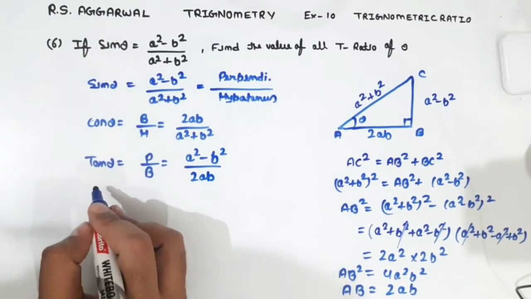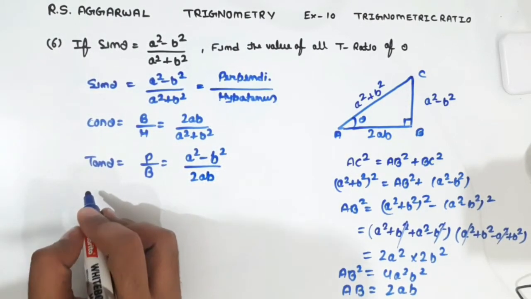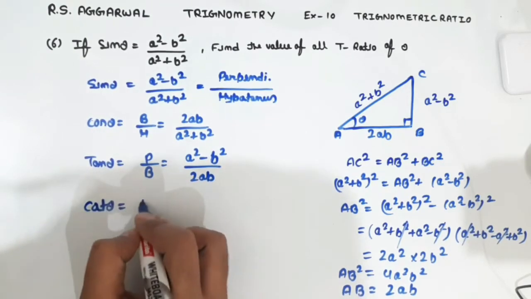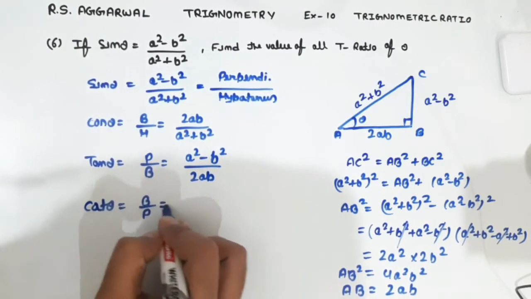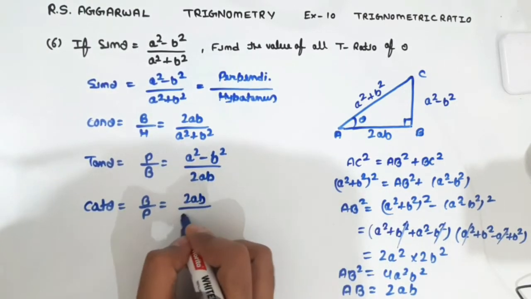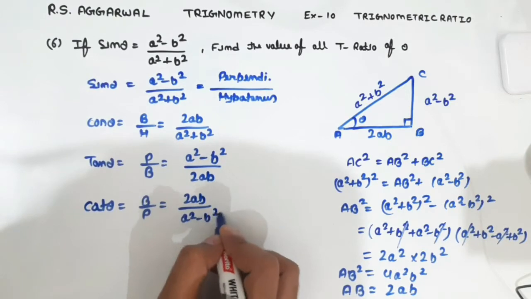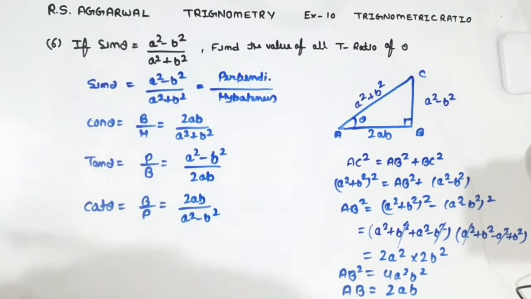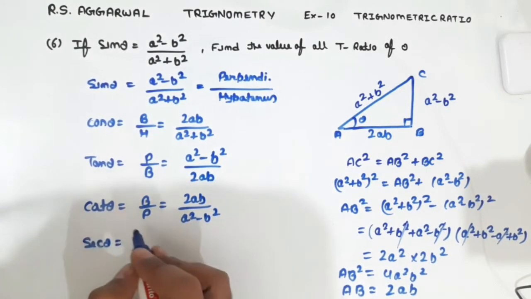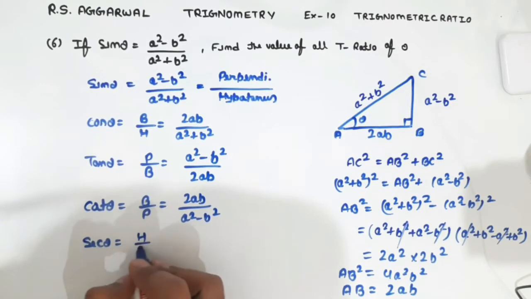Then our next trigonometric ratio, that is cot theta, which is given by base upon perpendicular. So our base is 2AB and perpendicular is A square minus B square. Then our next trigonometric ratio is sec theta, which is given by hypotenuse upon base.